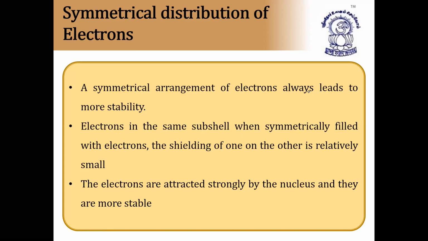The electrons are attracted strongly by the nucleus and they are more stable. Since they are arranged symmetrically, they have a stronger attraction force, due to which it's very difficult to remove the electron in that arrangement. That's why they are more stable.